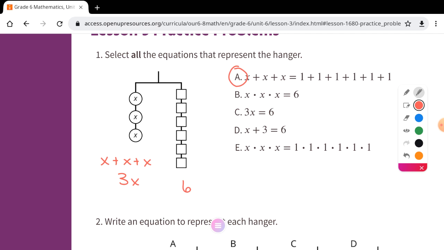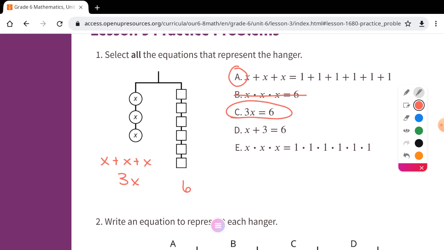What about B? No. Why does B not work, Dawson? Because it's multiplication, and hanger diagrams show addition, so B is out. What about C, 3x equals 6? What does 3x mean, Leo? 3 times x. I just said that hanger diagrams show addition, so why, Ethan, is this one a possibility?